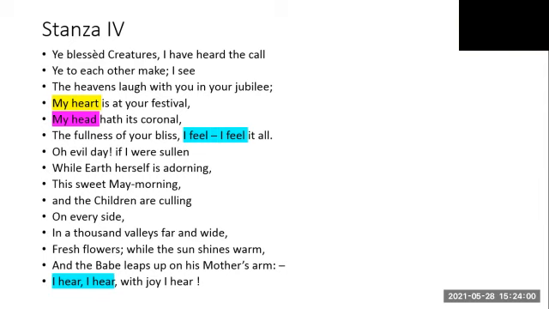While the sun shines warm and the babe leaps up on his mother's arm, I hear with joy, I hear, I feel it all. So he feels, he hears, everything is so happy here.